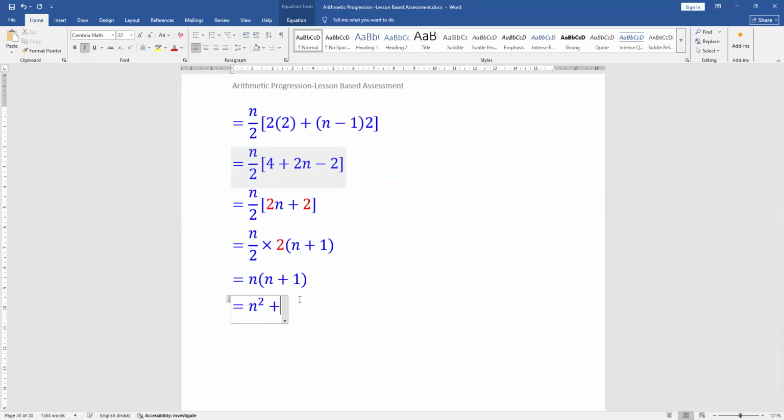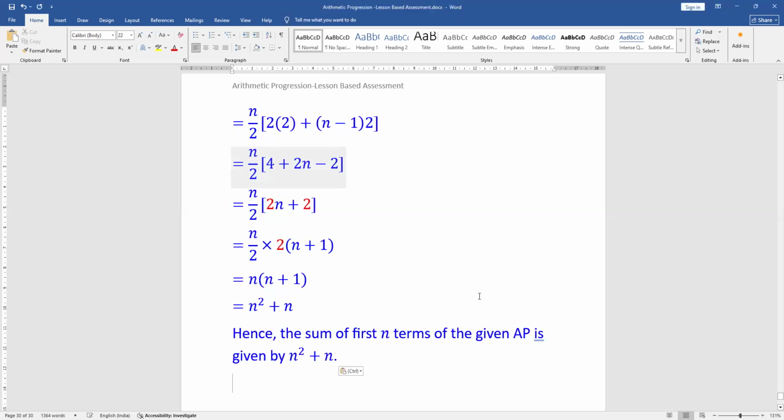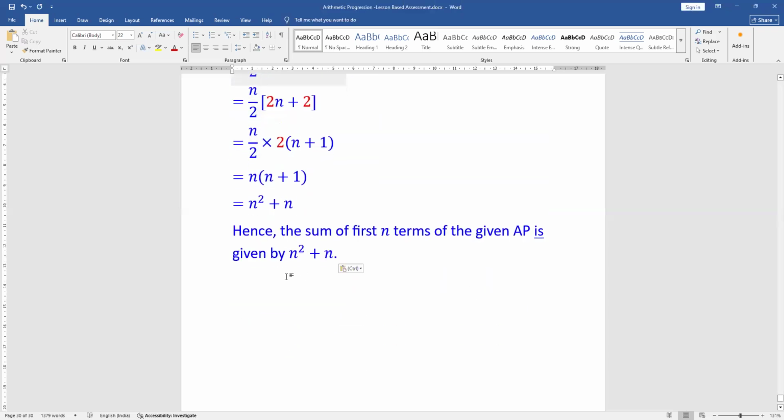And then plus n into 1 is n. Okay, plus n. Hence, I write a conclusion statement. Hence, the sum of first n terms of the given AP is given by n square plus n.